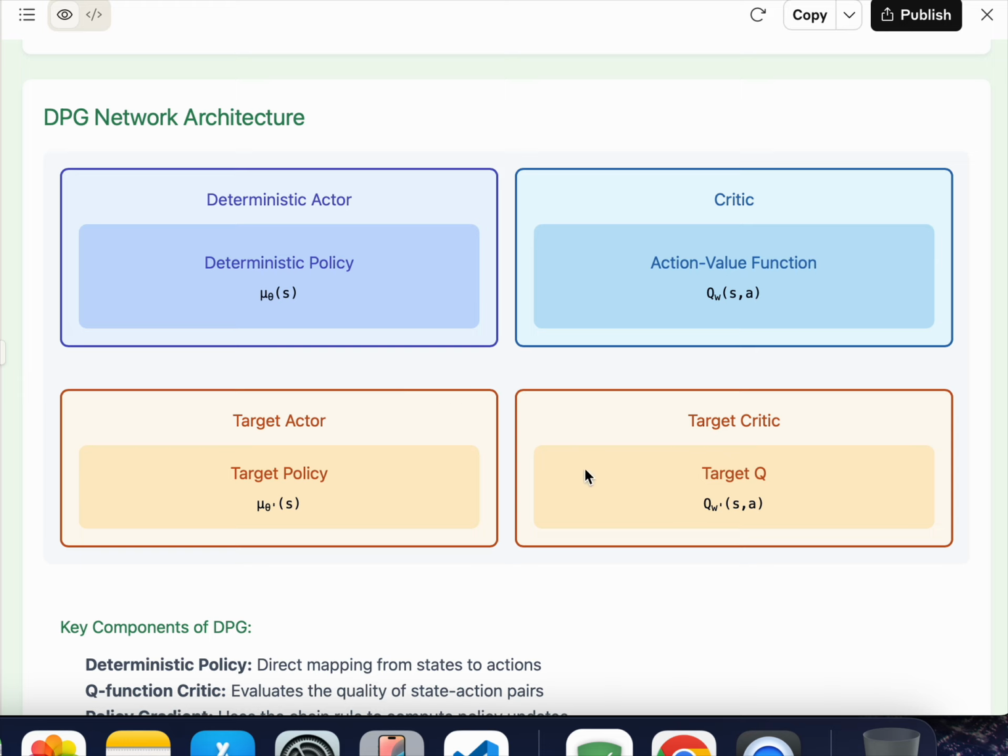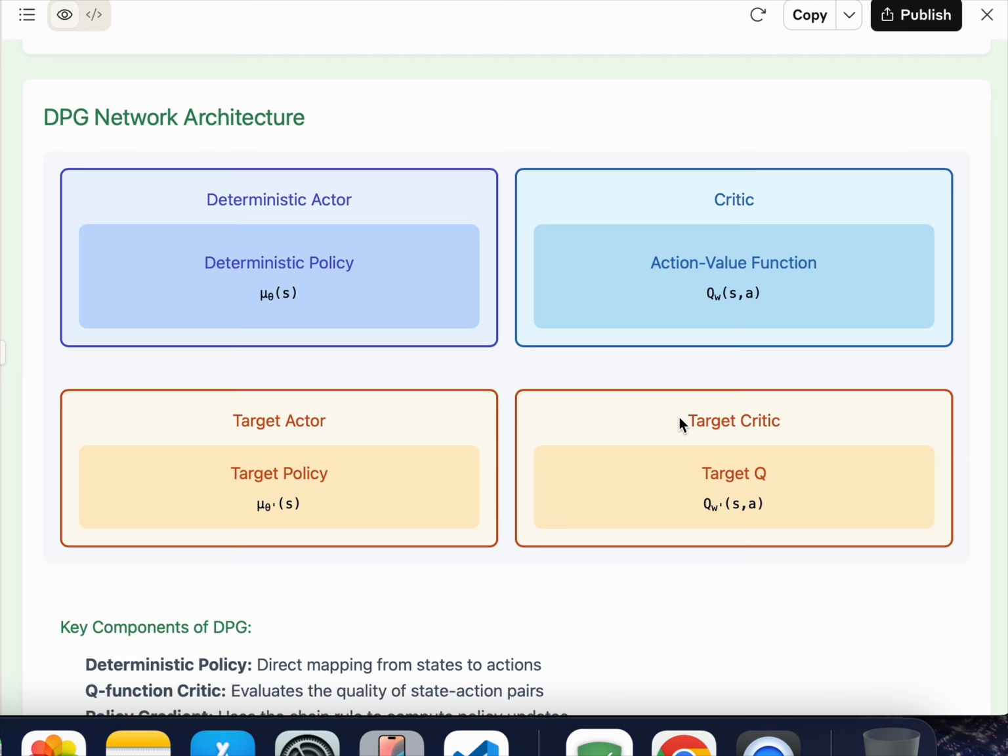On the other side, there is the critic network. The critic is responsible for evaluating how good a given action is in a given state. It's a Q function, so we write it as Q W of S and A, where S is a state and A is the action.